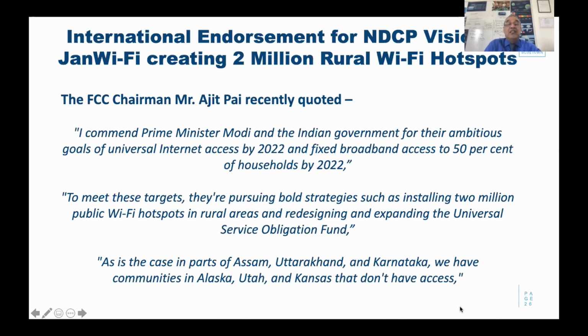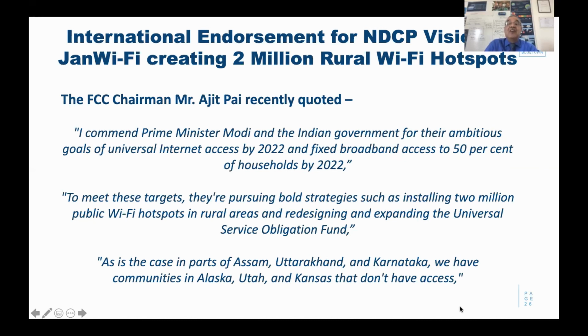To meet these targets, they are pursuing bold strategies such as installing 2 million public Wi-Fi hotspots in rural areas and redesigning and expanding the Universal Service Obligation Fund. And as in case of parts of Assam, Uttarakhand, and Karnataka, that is where I'm working, we have communities in Alaska, Utah, and Kansas that don't have access." So he has really complemented our efforts at that level.